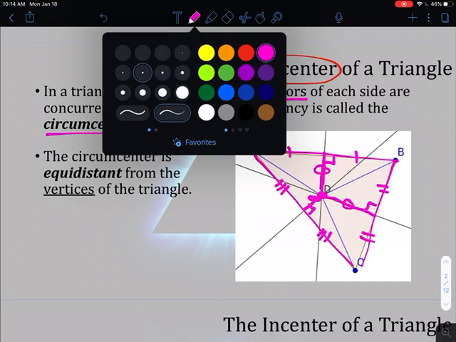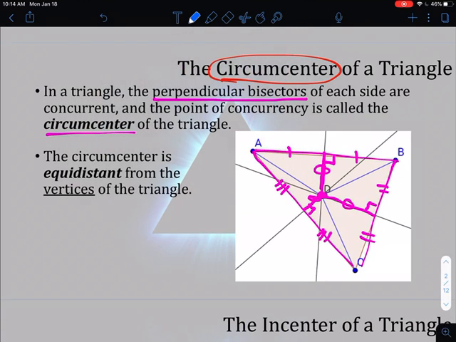Now the circumcenter is special because it's the same distance to each of the vertices, or corners, of the triangle. Point D in the middle, where all these perpendicular bisectors meet: if I were to travel out to point B, that would be the exact same distance as if I started at D and traveled out to point C. Those two pieces are identical.